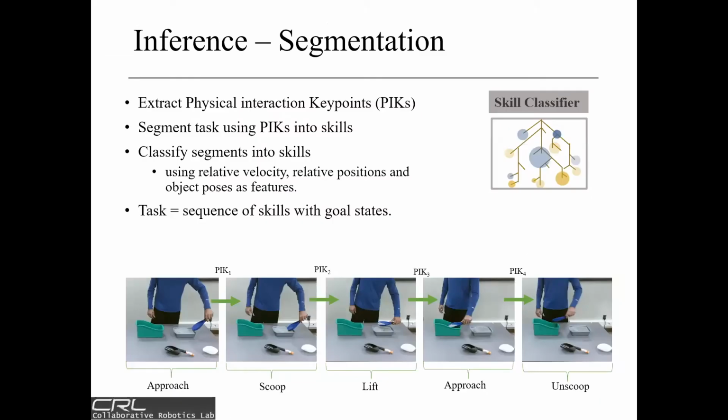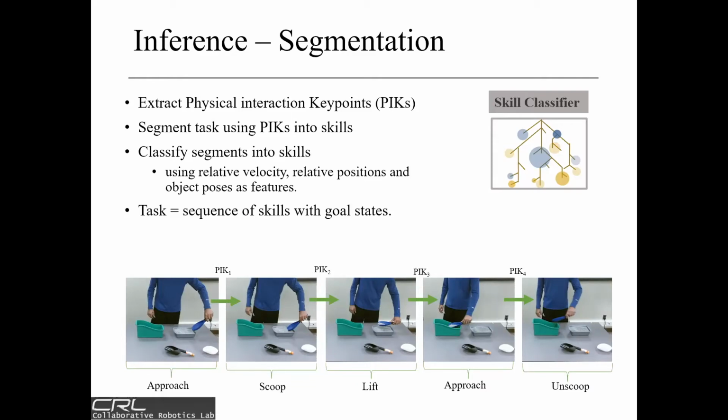So first is the part of skill segmentation and how we learn new unknown skills. Basically the task is segmented into skills using what we refer to as physical interaction key points. These are frames in the video where two objects interact or there is a change in interaction condition, either between two objects or between a hand and an object.